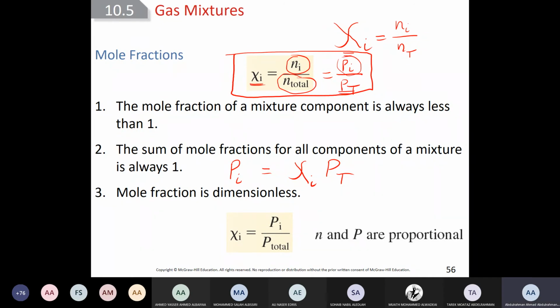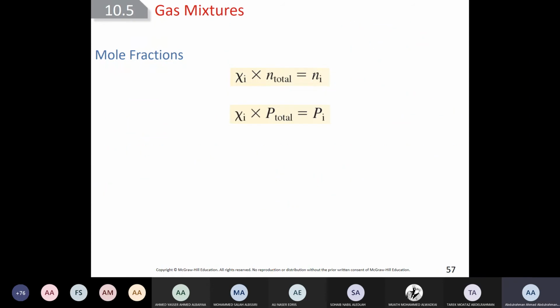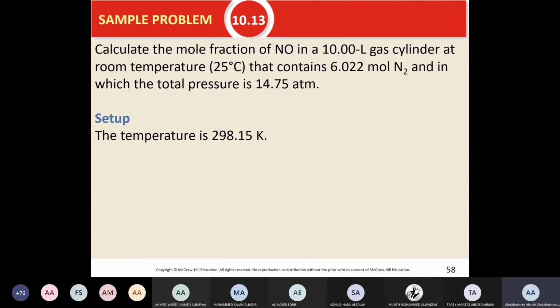All of these are other ways of expressing Dalton's law. So Pi is equal to Xi times P total. I hope this is clear. You have to know all of these things. They are very easy, but don't forget them.